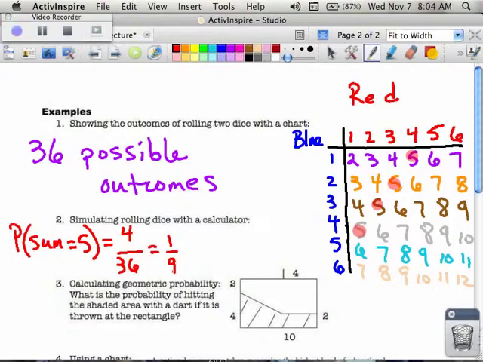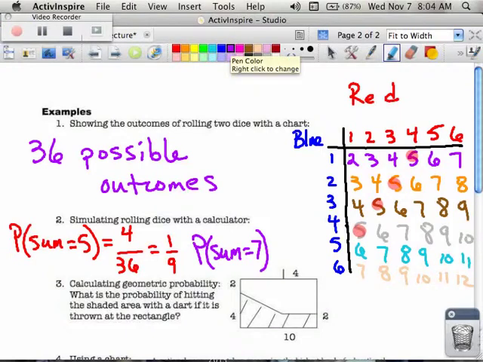I could ask a different question, of course. Like I could say, what's the probability that the sum of the two dice is equal to 7? And what you'll notice in this chart is that the 7 occurs the most times. So for anybody who's familiar with the game of craps in Vegas, that's why they use the number 7 for some things, because it's the most likely outcome.